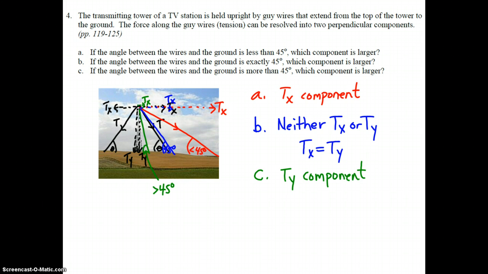Now, what we've done to answer A, B, and C is employ the use of common sense.